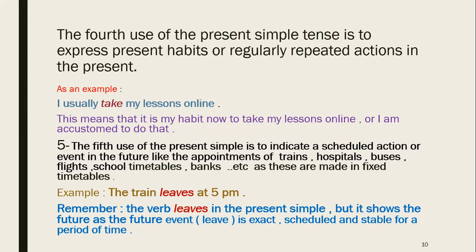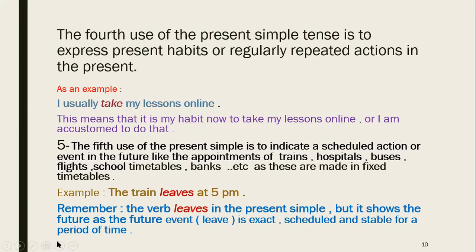Trains have schedules, have timetables. 5 o'clock train, 2 o'clock train, 3 o'clock train, or whatever. So these are fixed appointments. These are stable actions to be done for a long time in a perfect way, in a timetable, in a schedule. So we use the present simple as a fact. We use the present simple to express the future here. I hope this idea is clear for you.